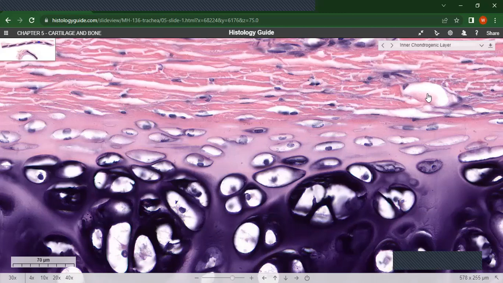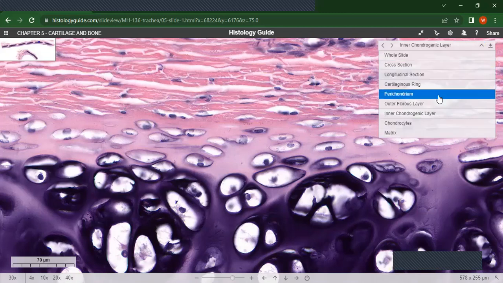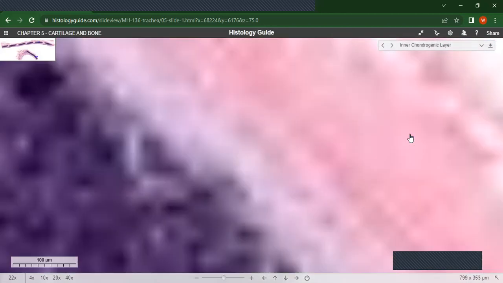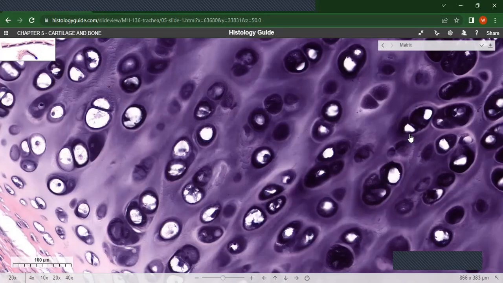I said it is homogeneous. So the early scientists looked at it and said, look, it looks like glass. Hyaline is glass. So it is somewhat glassy, homogeneous. Then it has territories.